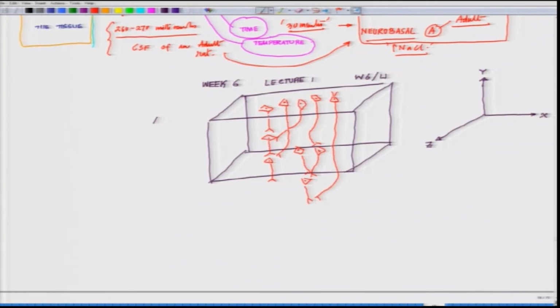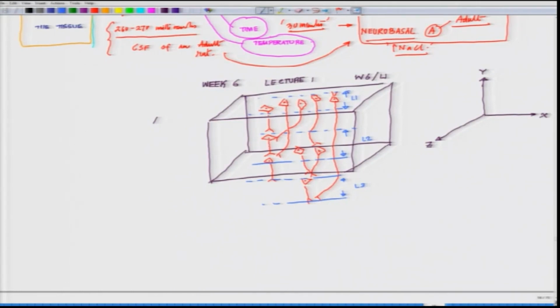So, you see that if we try to demarcate them as different layers, say for example, this is layer 1, this is layer 2, this is say layer 3. Okay.